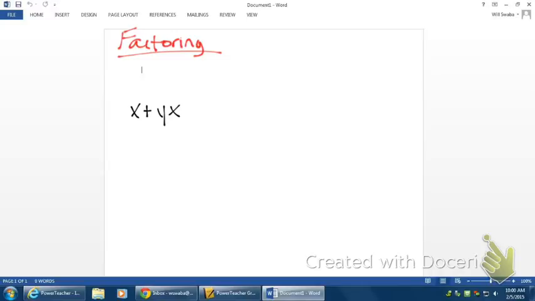Well, this one is very, very simple. The greatest common factor would be x. So if I factored it out, this is really equal to x times 1 plus y. Those are the exact same things.